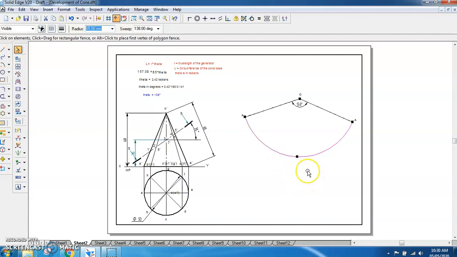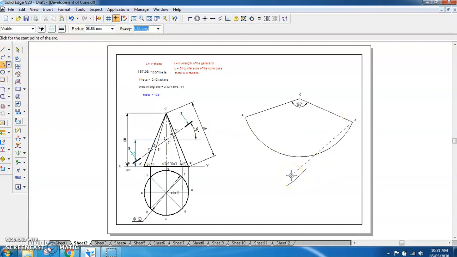To divide this arc into 8 equal parts when you are doing it manually, you have to take the compass and take a larger distance, approximately around 90 radius. You can take any random distance more than that, and you can bisect the angle.